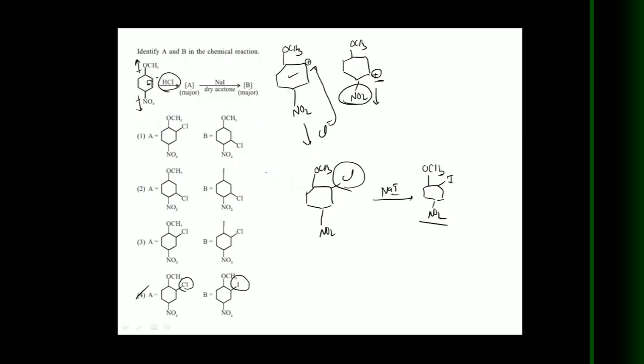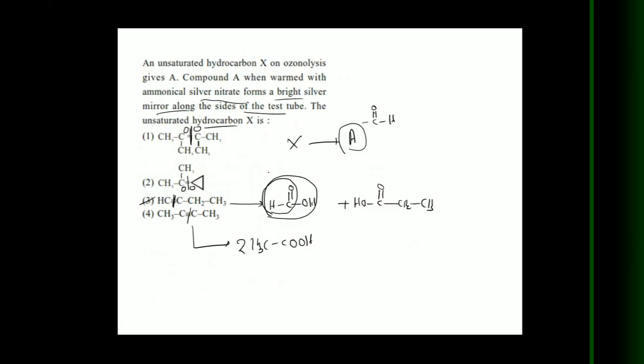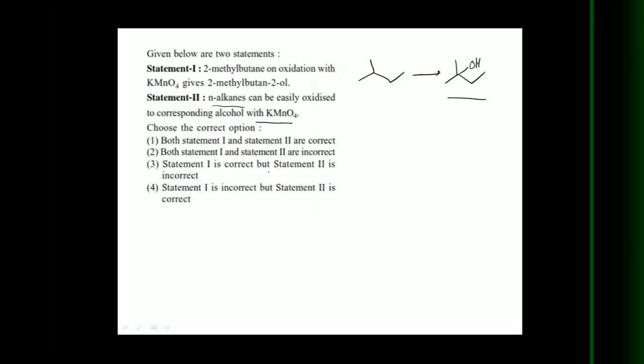Similarly, the same reaction is applied in this question. So n-alkanes are not easily oxidized with KMnO4. So statement 1 is a correct one. Statement 2 is an incorrect statement. So statement 1 is correct, but statement 2 is incorrect. So the answer is the third one.